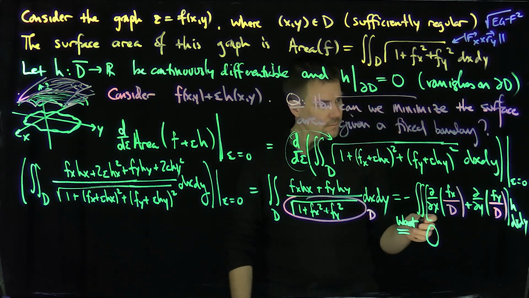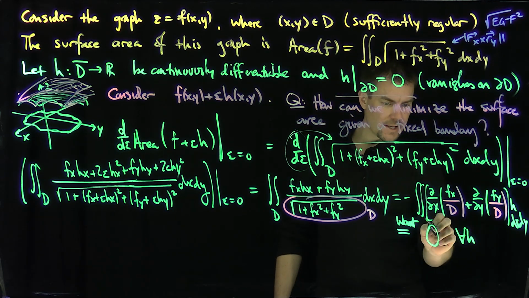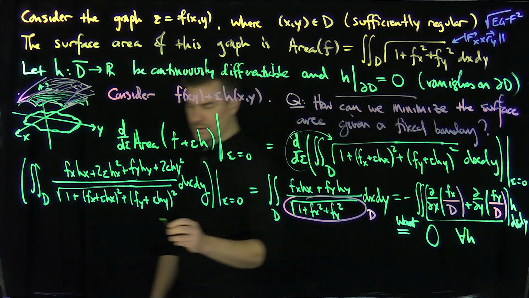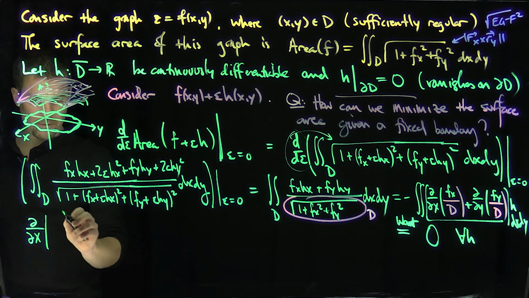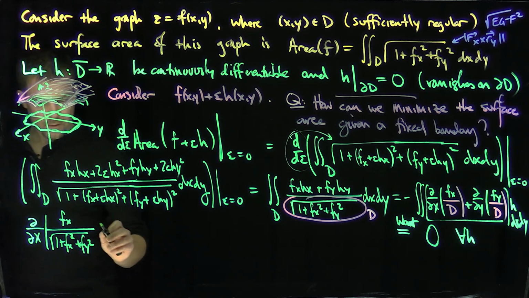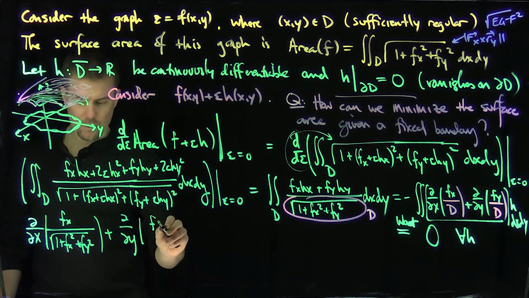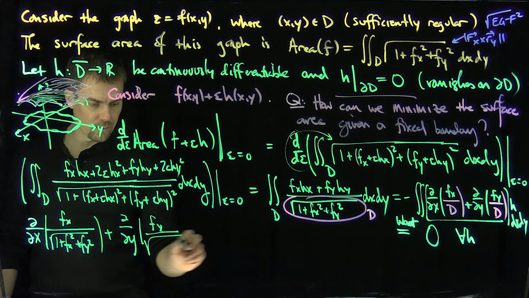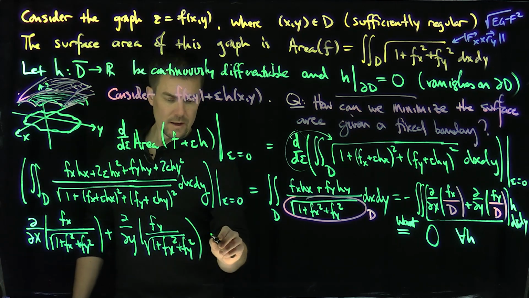Excellent. And since this is true for all h, this is going to force the integrand to be equal to 0. So it's going to force this equation: partial x of fx over the square root of 1 plus fx squared plus fy squared, plus partial y of fy over the square root of 1 plus fx squared plus fy squared, is equal to 0.